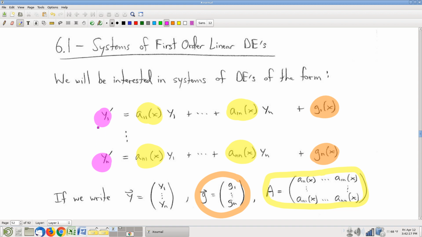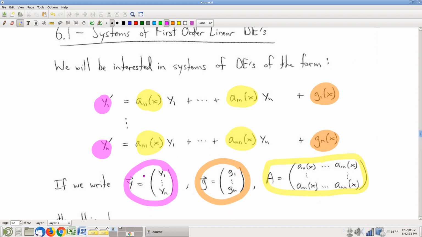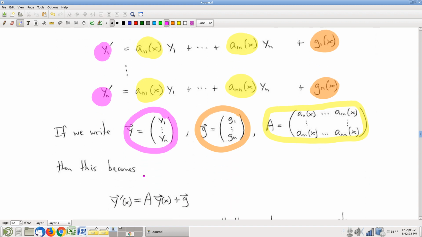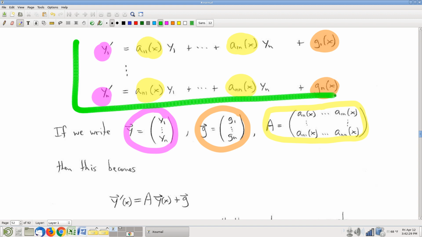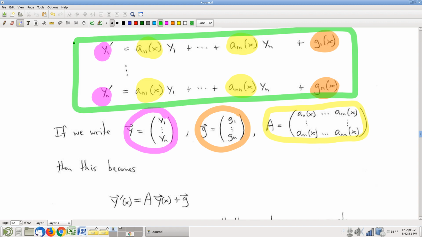All of our unknowns that we're looking for, y1 through yn, let's assemble those into a vector. Having done that, this great big monstrous system turns into a single vector equation.